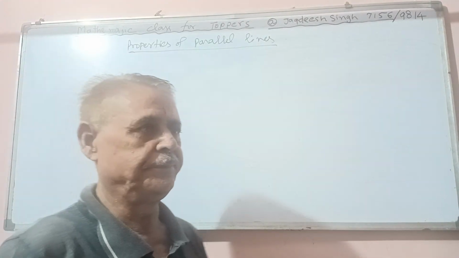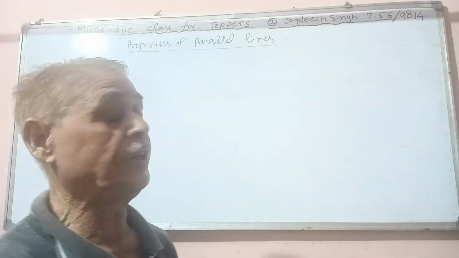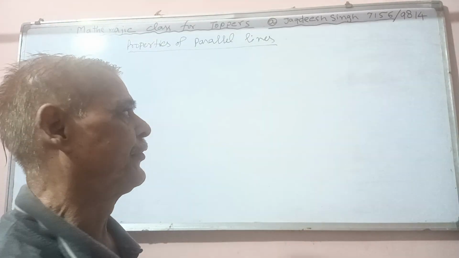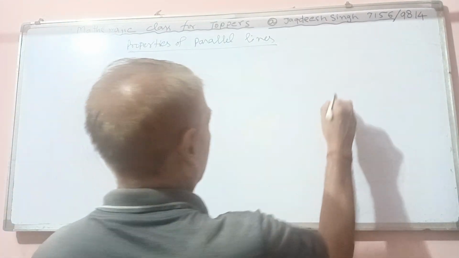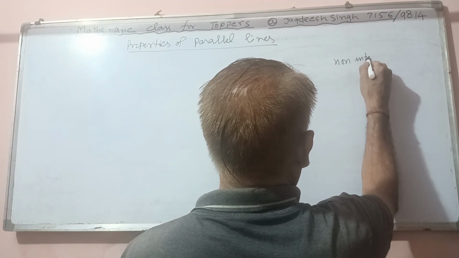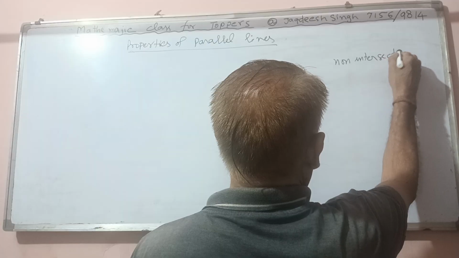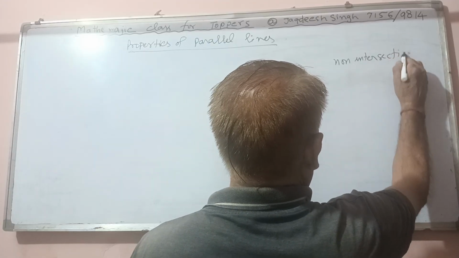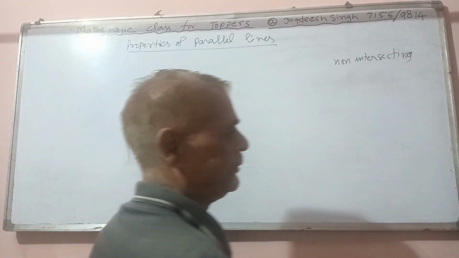What is a parallel line? What do you mean by parallel line? Mostly it is asked. There are two words: non-intersecting and coplanar.